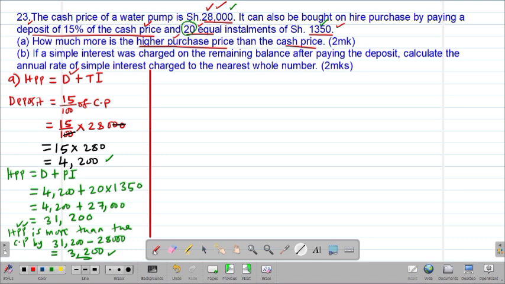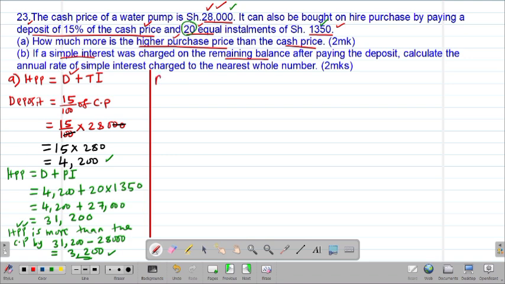So in part B of the question, we are being told that the simple interest was charged on the remaining balance. Remember, when we talk of the remaining balance, we simply mean the difference between the cash price and the deposit, which is basically equal to the principal.